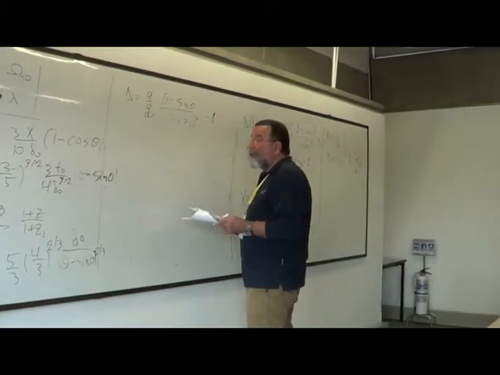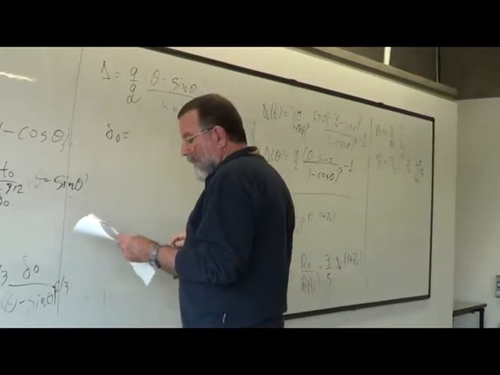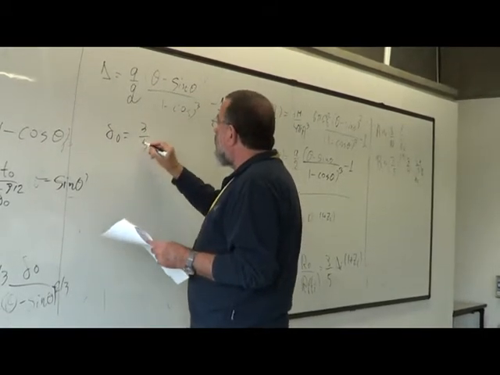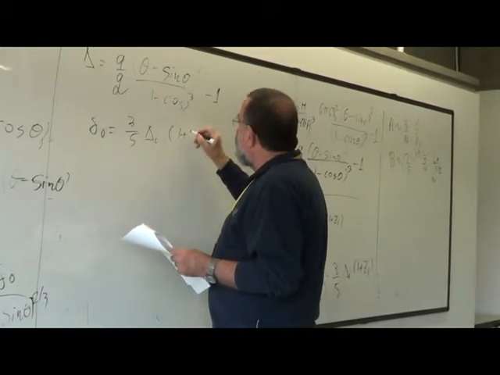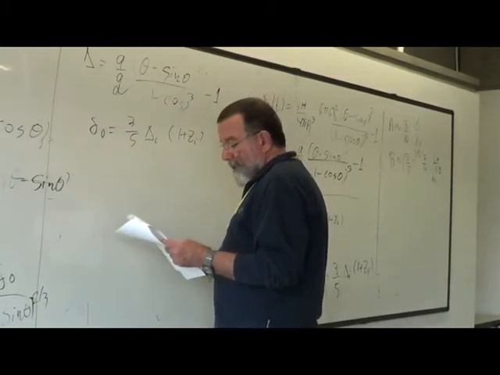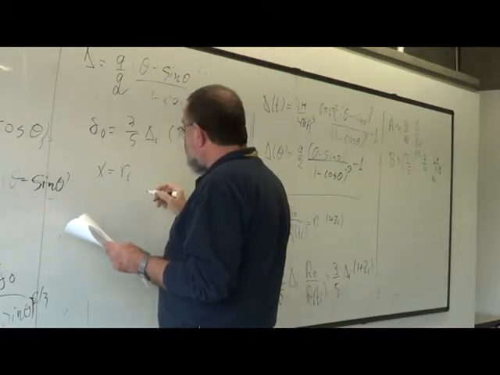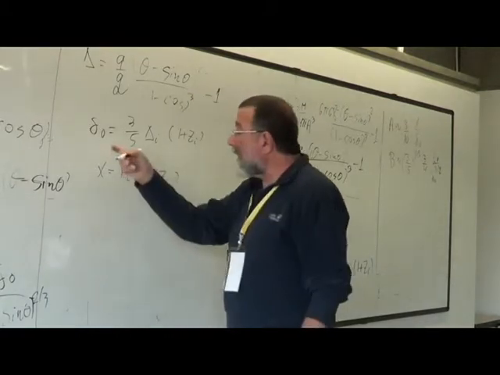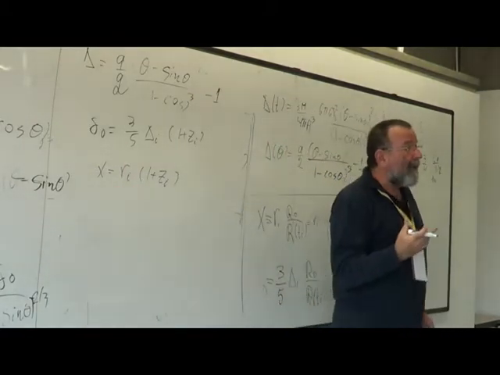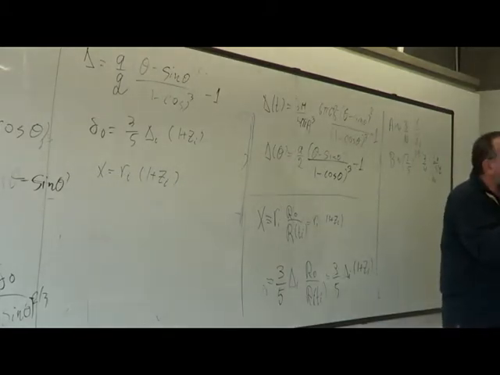I'm reminding you that we use the definition delta naught equals 3/5 delta_i times (1 plus z_i), and x is R_i times (1 plus z_i). So delta naught and x are a different way of expressing R_i and delta_i at the time i.